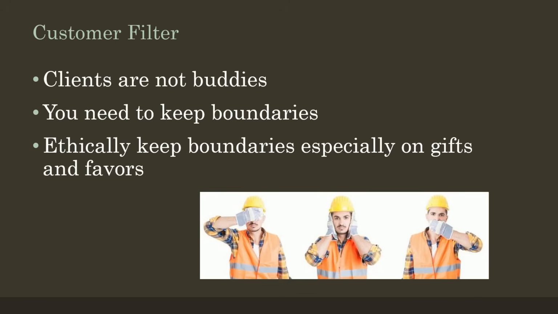On federal work, and most of you guys that are in the QCU right now are on federal projects. That's why you came to us. On federal work, ethically, you have to keep boundaries, especially on gifts and favors. We have had very close relationships with folks that have fallen prey, and now they have federal offenses. Federal offenses over very simple things.